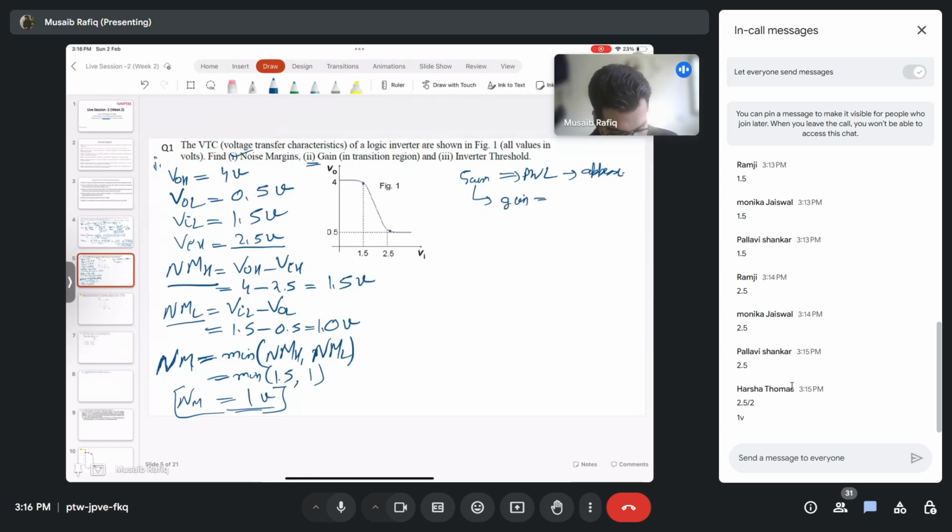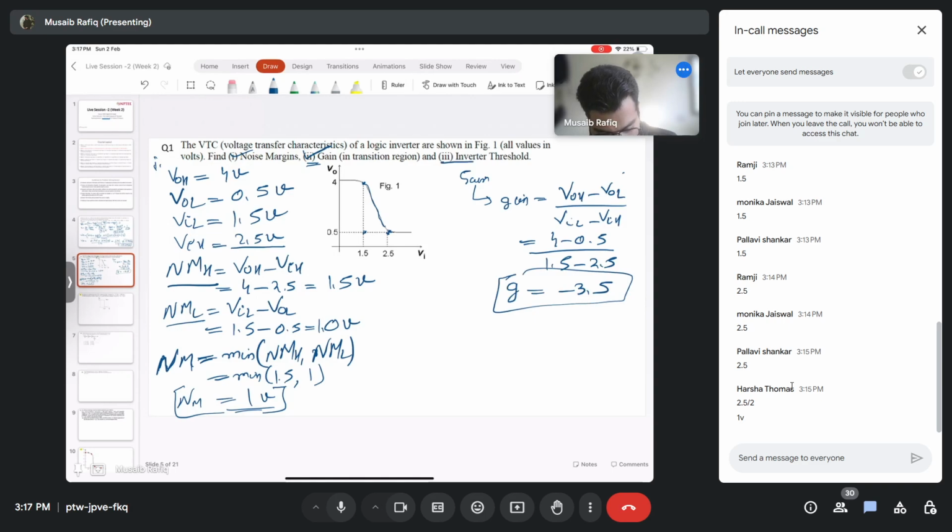So gain will be simply equal to slope, right? So gain will be equal to VOH, that is this point, minus VOL, that is this point, divided by VIL, that is this point, minus VIH, that is this point. So it will be equal to 4 minus 0.5, divided by 1.5 minus 2.5. So gain will be equal to minus 3.5.